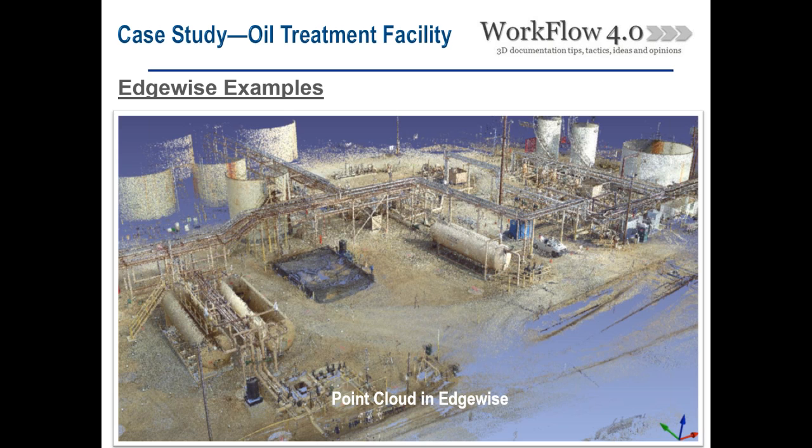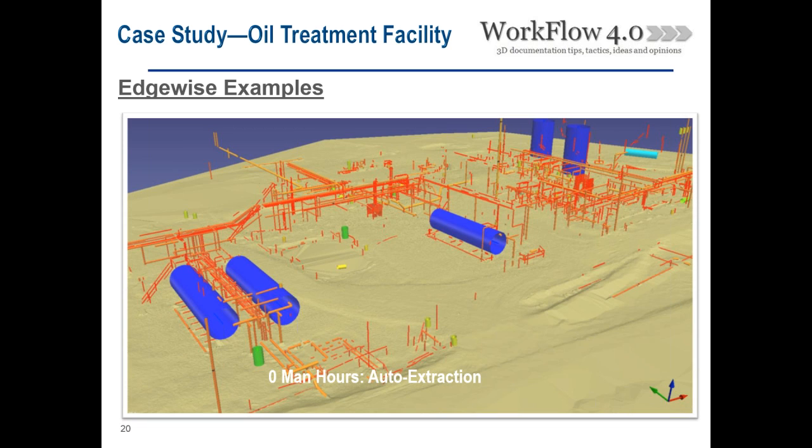So here's a portion of the point cloud inside of Edgewise. It does a great job creating its own format, and it looks good. And it's easy to move around inside of. From that point cloud, this is what it automatically extracted inside of Edgewise. You can see Edgewise does have a great tool for automatically extracting.